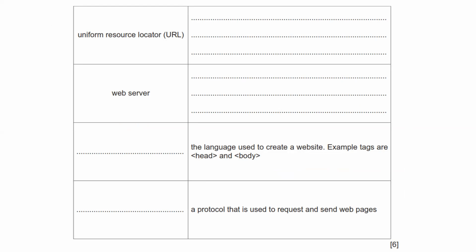Then it says uniform resource locator. So URL is a text-based address for a website. Again, it is also a protocol, and it is made up of a protocol, information about domain name, and file name. So URL is a text-based address for a website.